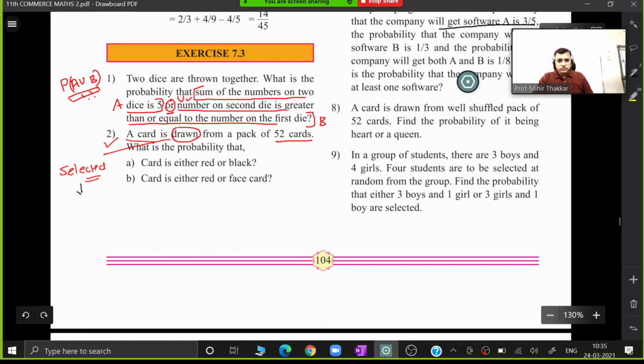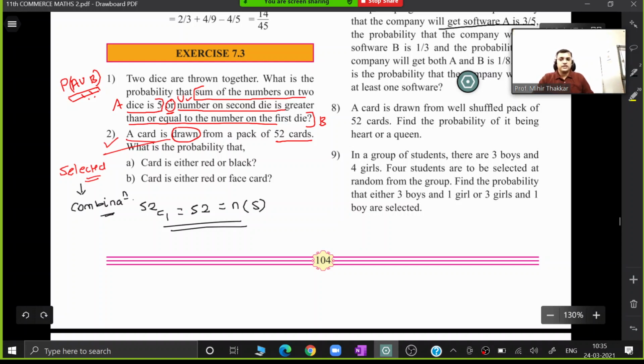Whenever we talk about selection, we are always thinking or talking about combinations. So whenever I want to select one card, it will be done in only 52C1 ways, which is actually equal to 52. That will be my required value of n of s.